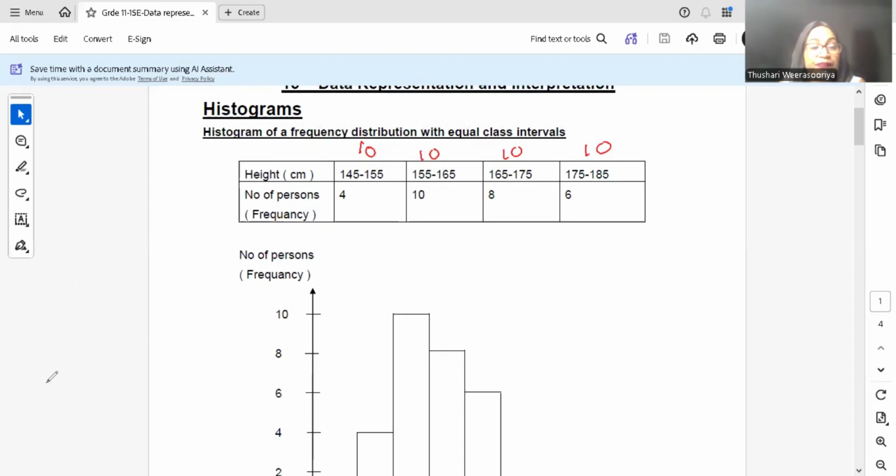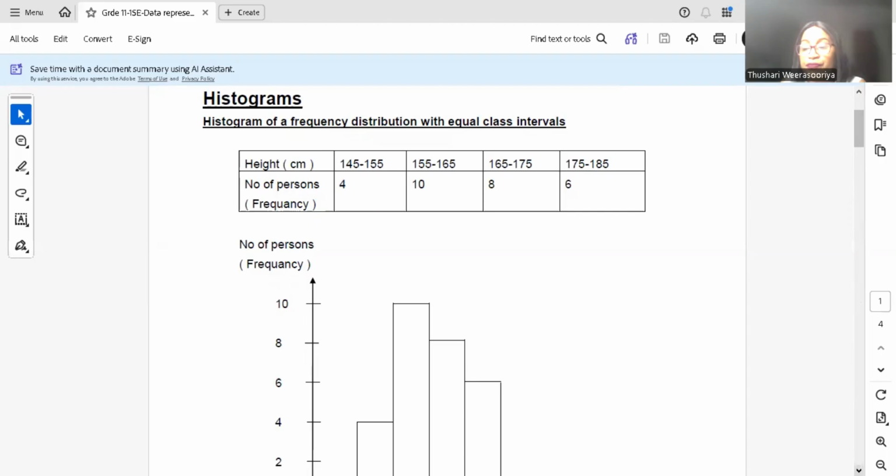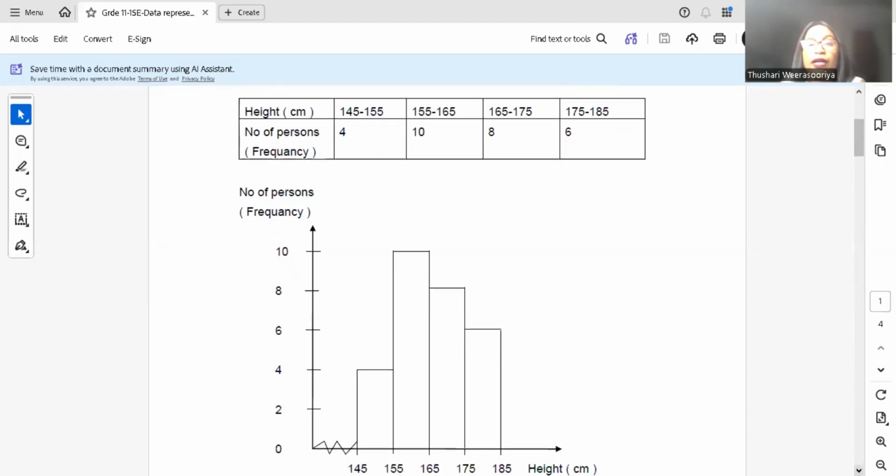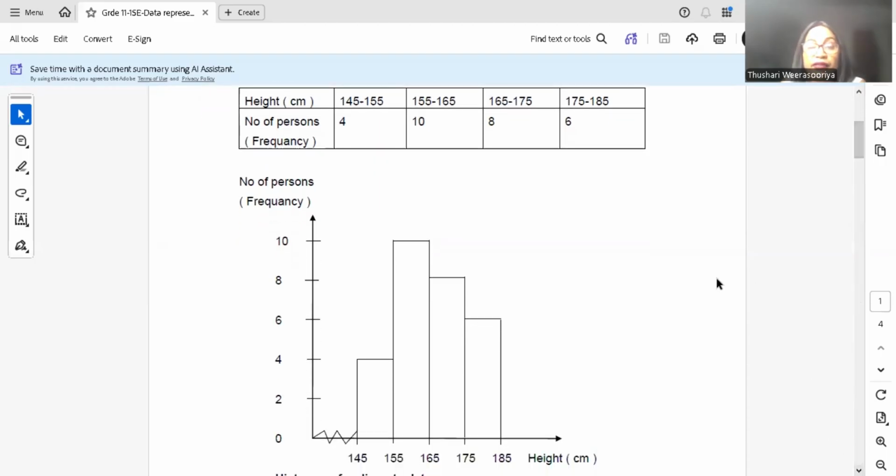Just draw. Very easy, just like a bar graph. But you must know something special in this histogram. I want to explain that. Look at this histogram, the data is starting from 145.